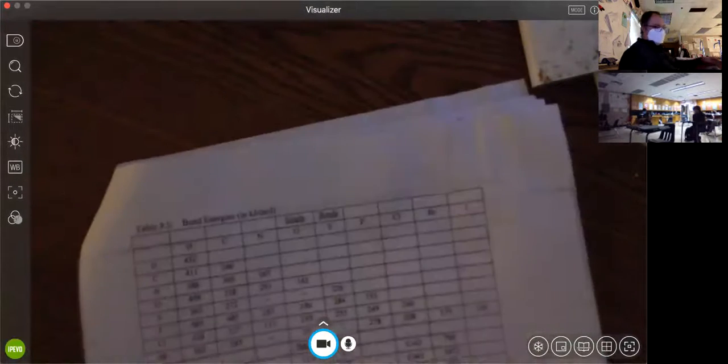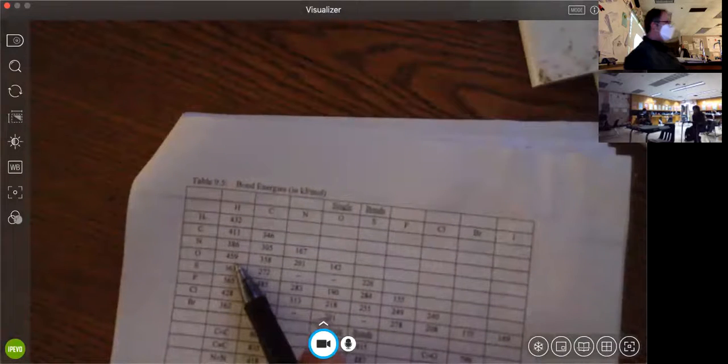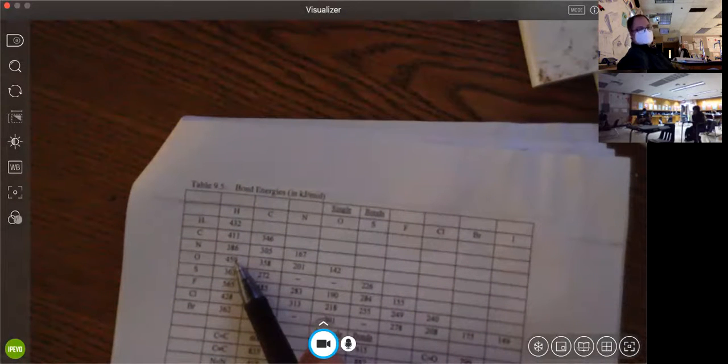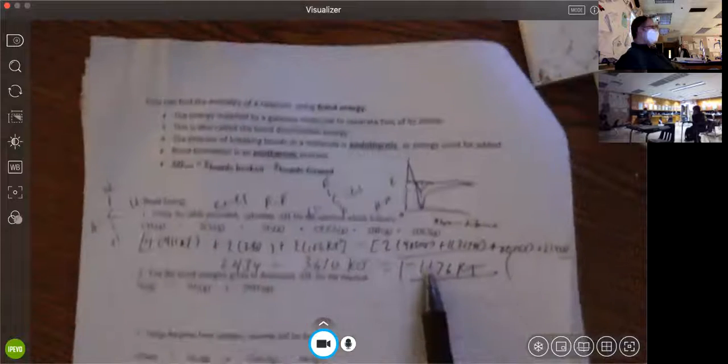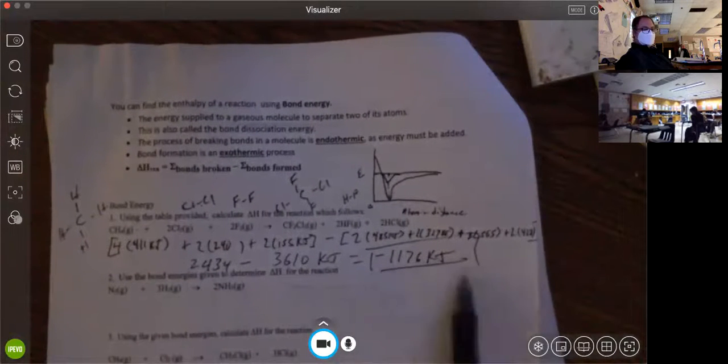For example, you can imagine that the energy required to break a hydrogen-oxygen bond in H2O, that's just an average, that 459. In reality, to break the first one would take more energy than the second one. So just keep in mind that these are averages. So this will get you about that, right? But that's it.